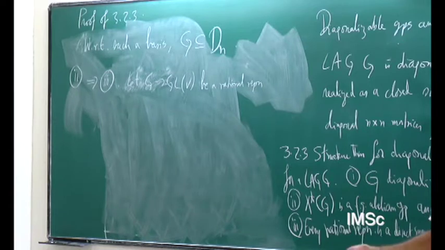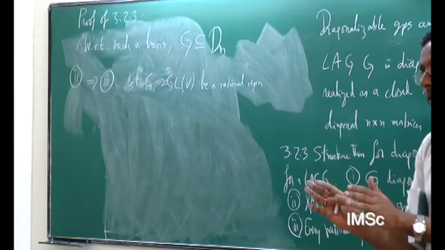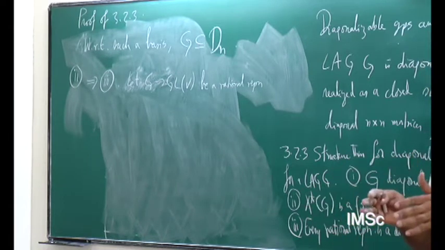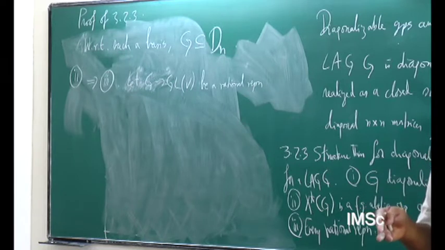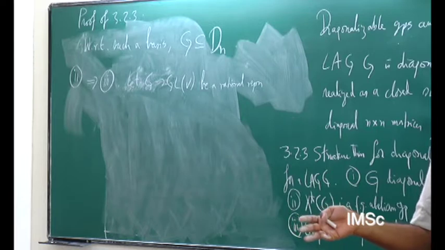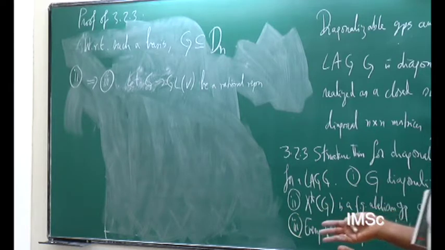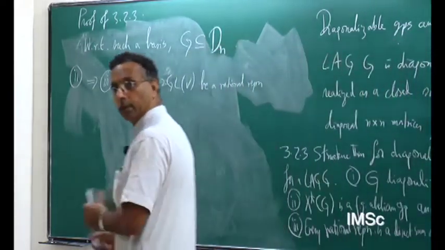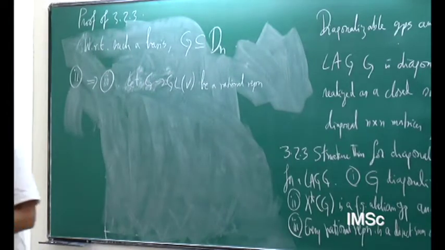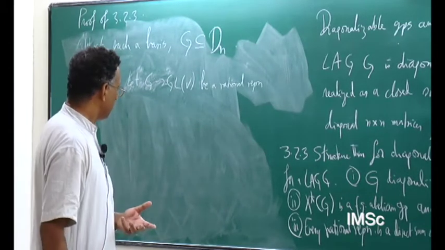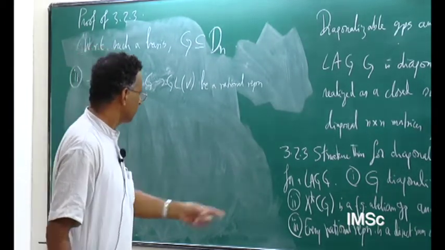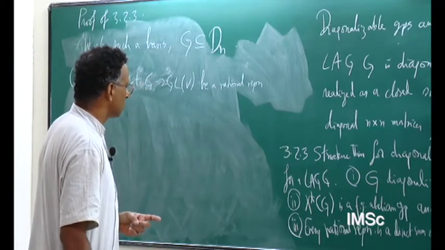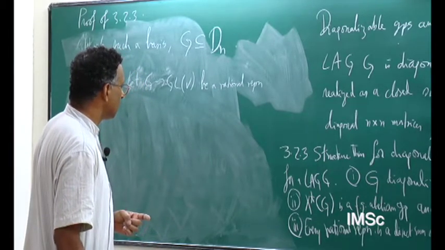That's a canonical decomposition. Here, instead of just one linear transformation, you have a whole bunch of commuting linear transformations.